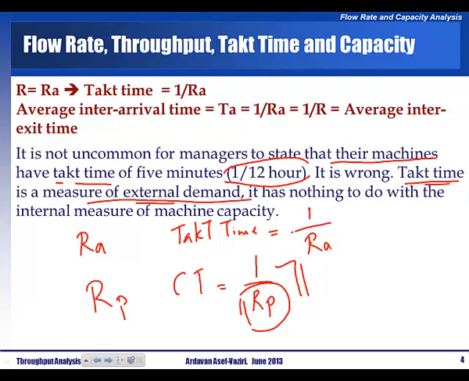And cycle time is always less than takt time, and in a very risky case, it may be equal to the takt time. Capacity always greater than demand. Takt time always greater than cycle time.